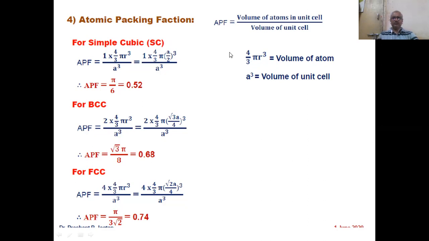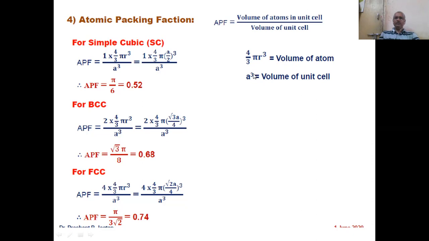Atoms in a crystal are assumed to be hard spheres. Therefore, the volume of each atom is 4/3 pi r cube, where r is the atomic radius.